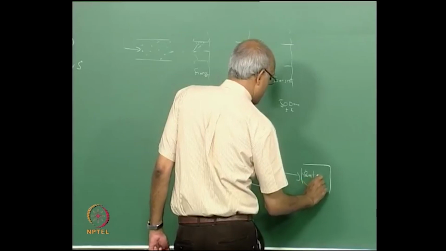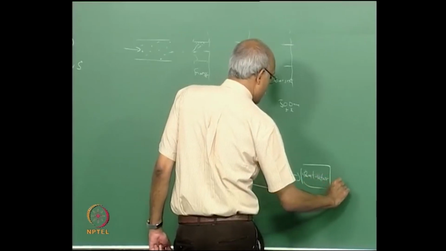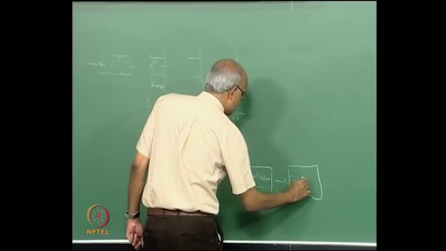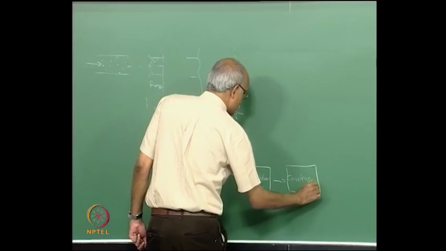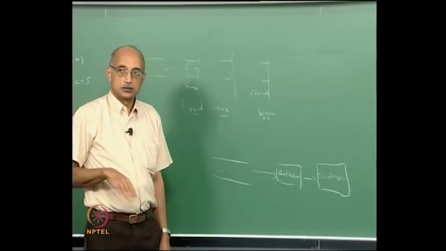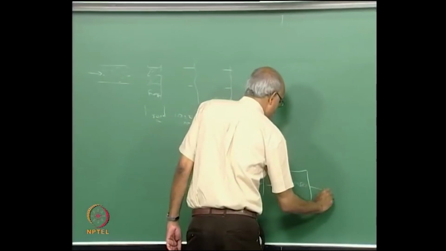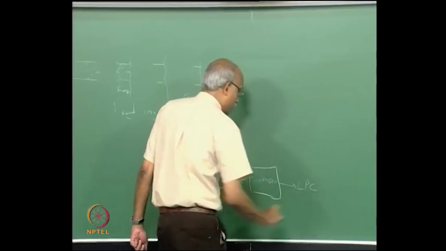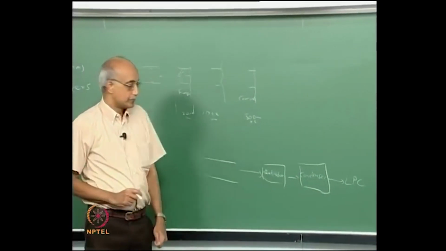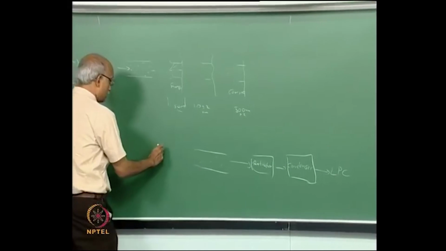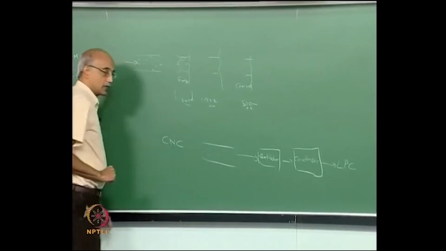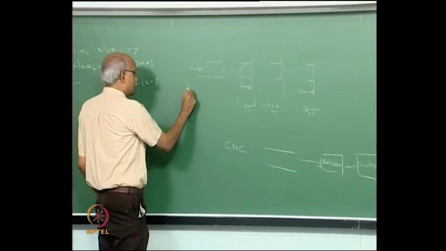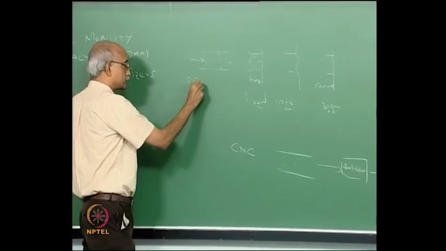So, you have a saturator which is at a slightly higher temperature, followed by a condenser which is at a slightly lower temperature, and the exit stream from the condenser goes into the laser particle counter or light scattering particle counter. So, this is what we had sketched in the last class as our condensation nuclei counter, and this is what we are calling a diffusion battery.